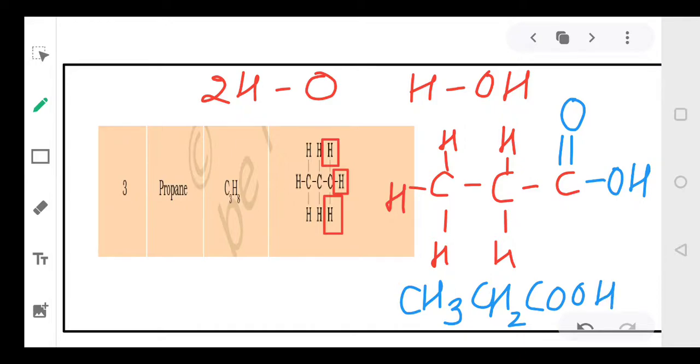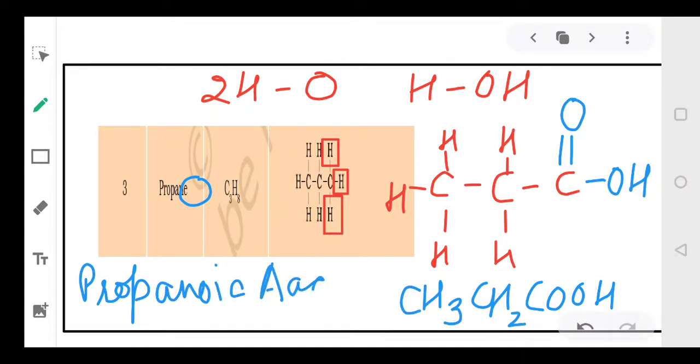And what will be the name of the compound, dear students? Replace the E. This E should be replaced with oic acid. So the name of the compound is propanoic acid.